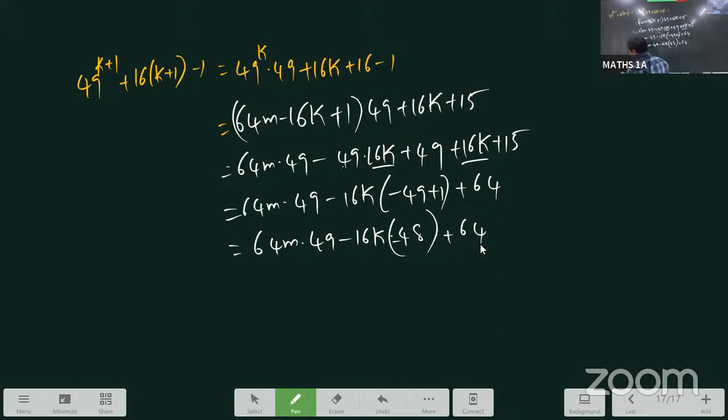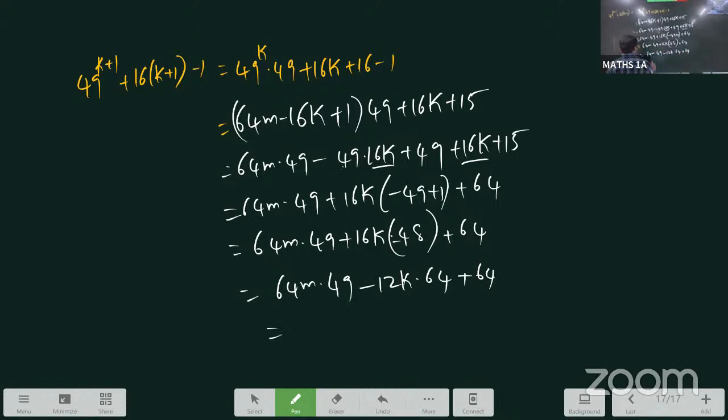Is it clear? Now 64m into 49, correct? Here I am going to take minus 12k into 64 plus 64.